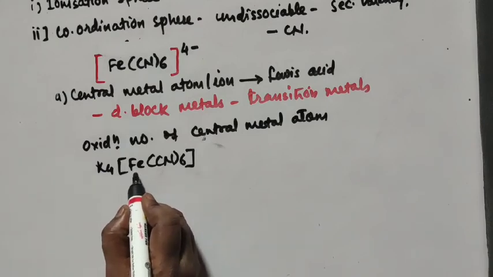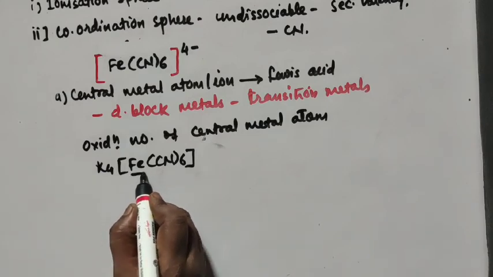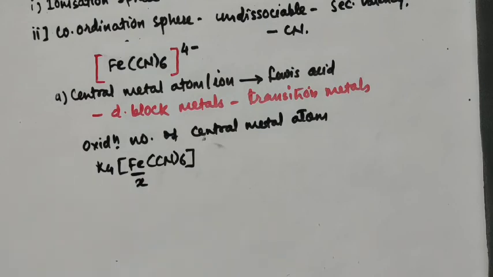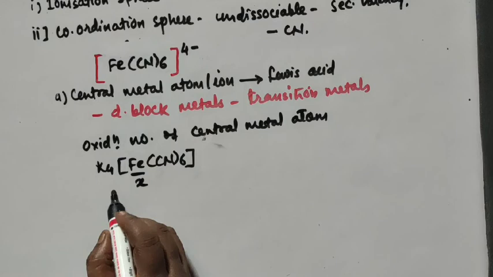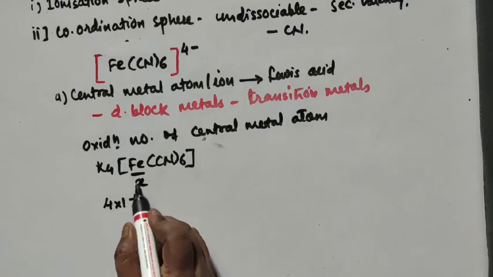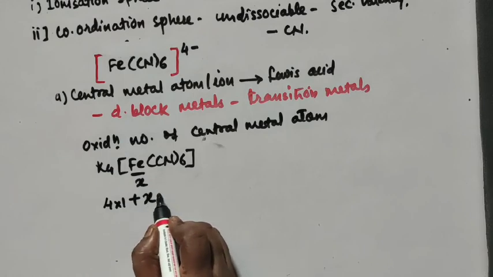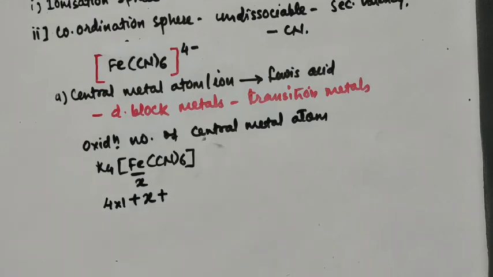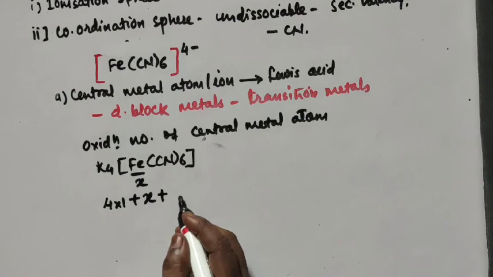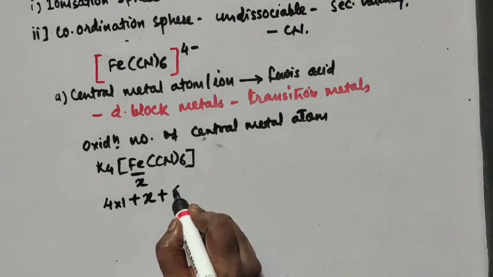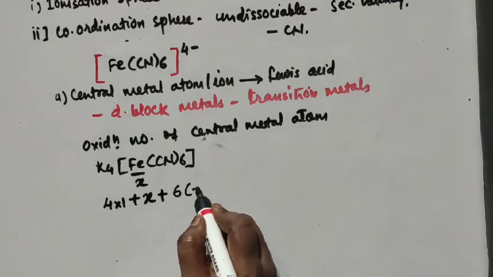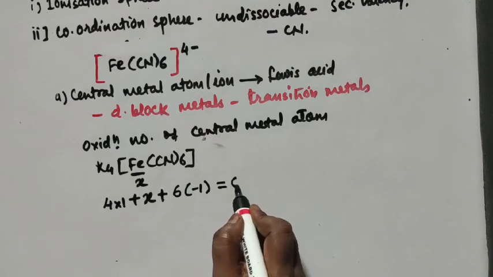Suppose the oxidation number of Fe is X. For potassium it is +1, and 4 potassium atoms are there, so it is 4 into 1. For Fe it is X, so plus X. For cyanide, a -1 charge is there, and there are 6 cyanide groups, so 6 into -1, that is equal to 0.